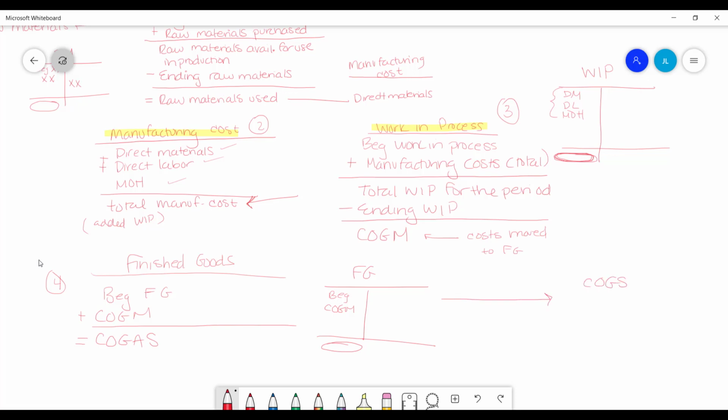It goes to cost of goods sold on the income statement. So if you look at your cost of goods available for sale, everything you had available for sale, and you subtract out your ending finished goods balance, that difference then mathematically has to be cost of goods sold. And that cost of goods sold then is what, as I said, we will see on the income statement.